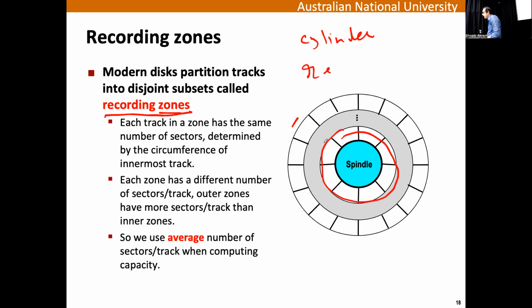So this is what they did a few years ago, zoning, where you don't need the uniformity of having the same number of sectors on every track. You divide the tracks into zones, and all the tracks in a zone have the same number of sectors. And this makes it easy to manage and to know, when you access a specific track on disk, how many sectors it has. So the geometry is a little bit more complicated with recording zones.